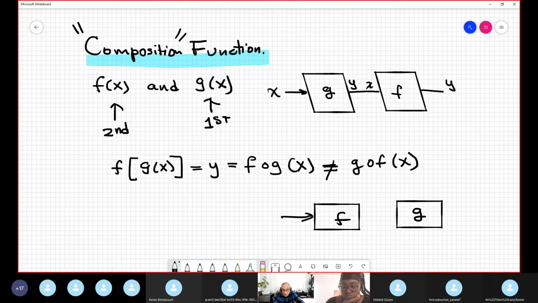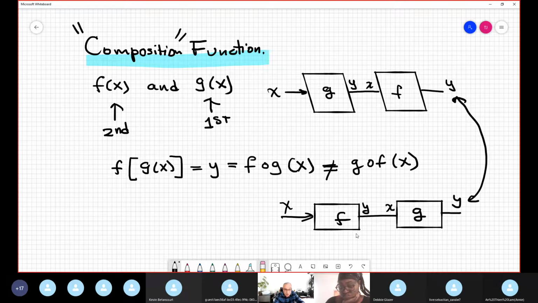When you plug in f first, the y value you obtain you plug in as the x in the second function, and this result is often, 99% of the time, not the same. This is the idea behind composition.